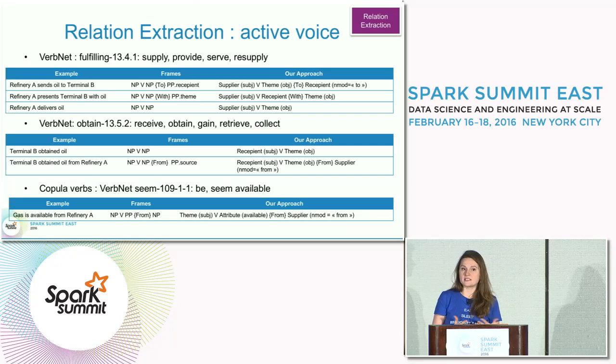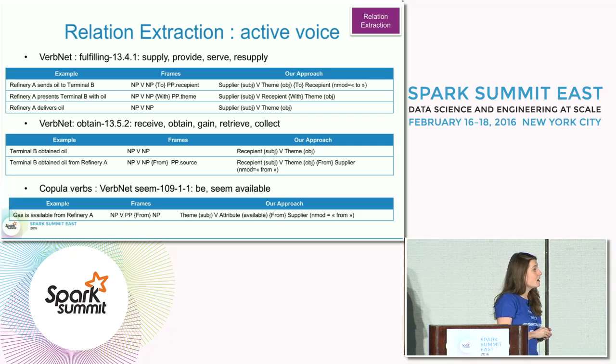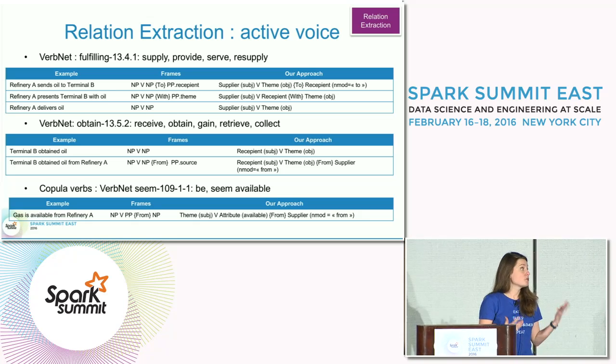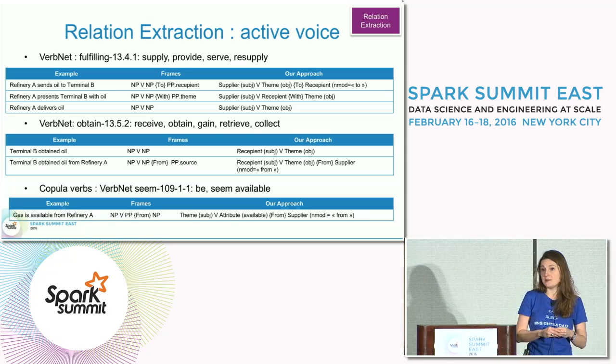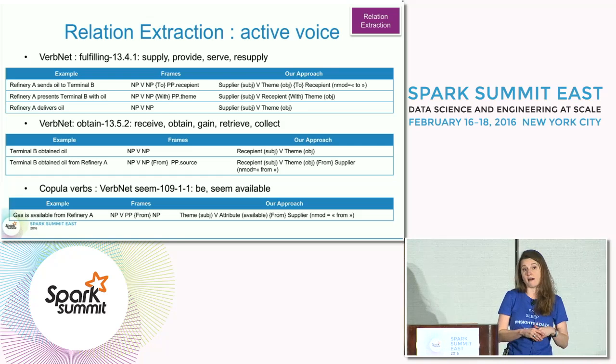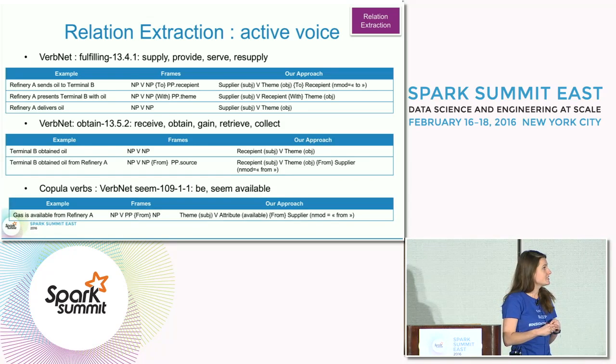So let's take the active voice of a sentence, and we split the verbs that can have supply chain meaning into categories. We use the VerbNet categorization. For instance, let's take the outgoing verbs such as supply, provide, send, serve, etc. In the active voice, for sentences that contain a root verb in this category, we can parse the sentence. When we extract the subject from the sentence graph, we can assign the role of supplier to the subject extracted.